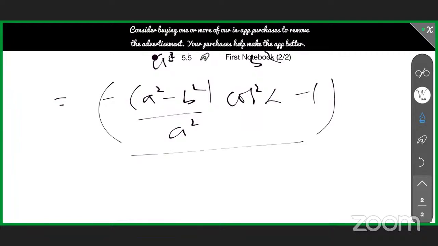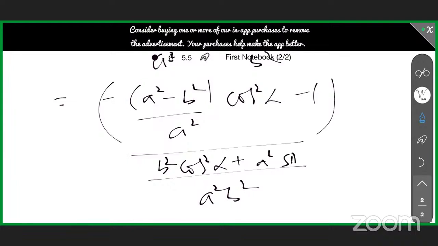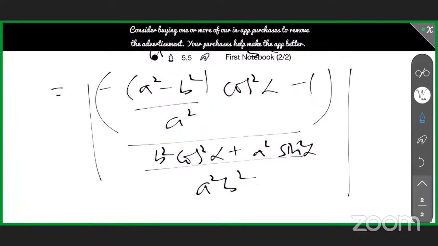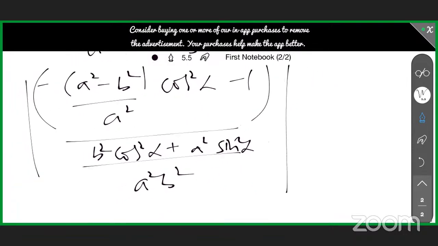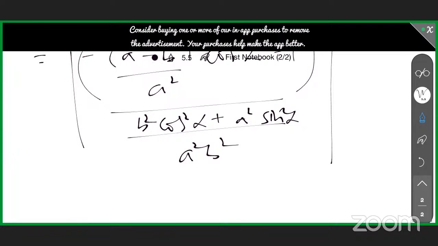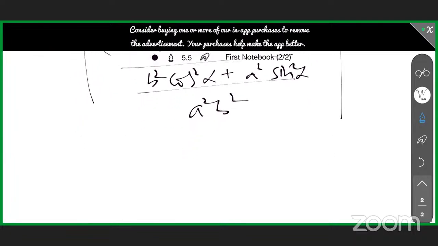I'll take the LCM. LCM is A square B square. This is equal to B square cos square alpha plus A square sin square alpha. This mod is there. Now if you simplify this one, I take again LCM in the numerator.